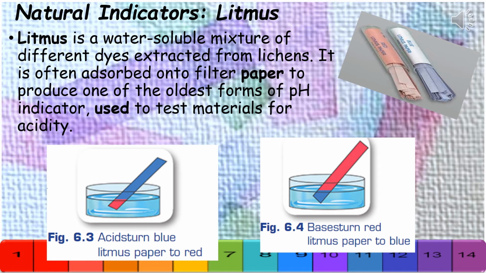In bases, red litmus turns to blue. So a convenient way to find out whether a solution is acidic or basic is to test it with blue litmus paper and red litmus paper turn by turn and observe the change in color which takes place.